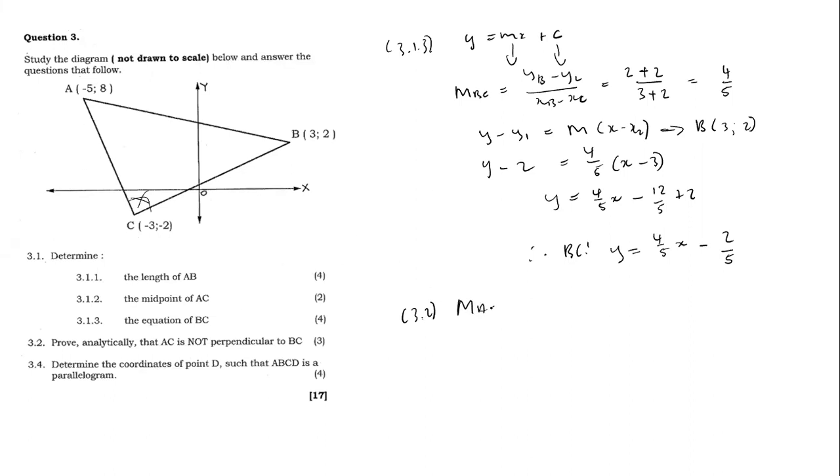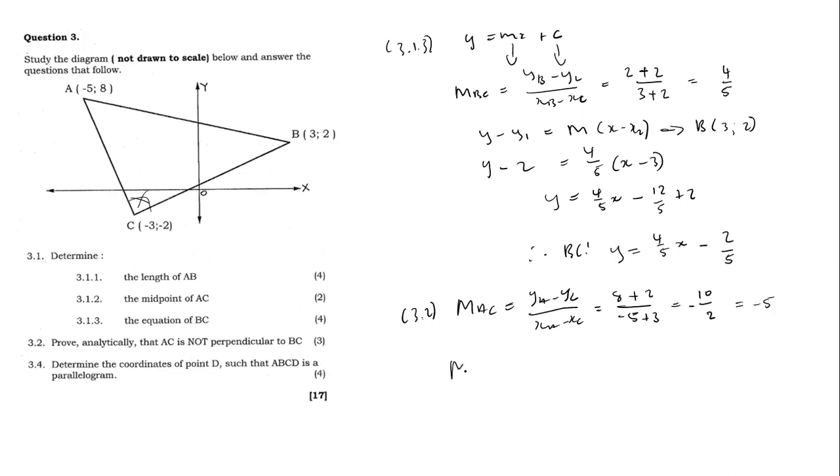The gradient of AC is equal to y of A subtract y of C, divided by x of A subtract x of C. So y of A in this case is positive 8, y of C is -2, x of A is -5, and x of C is -3, so it's going to be positive 3. Now 8 plus 2 is 10, and -5 plus 3 is -2, therefore we're going to have -5.